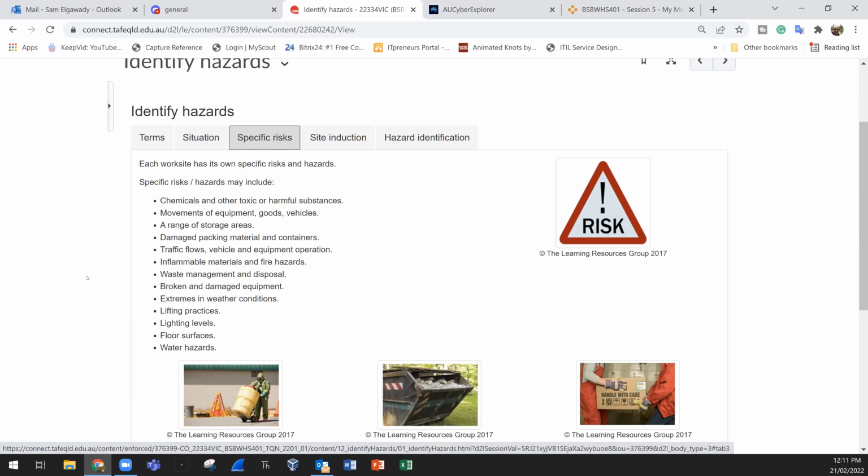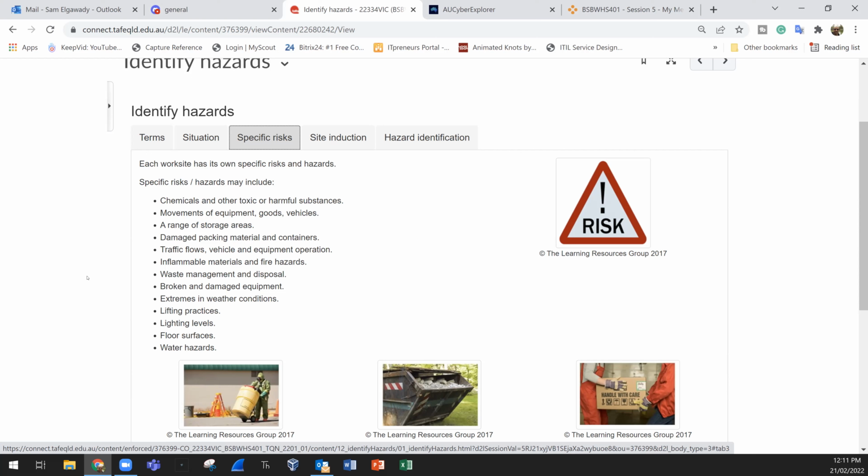Traffic itself, like someone driving fast in the parking area faster than 10 kilometers. Some inflammable materials, fire hazards like smoking inside campus. So this is a health and fire hazard at the same time.